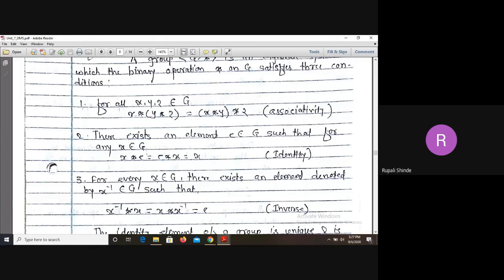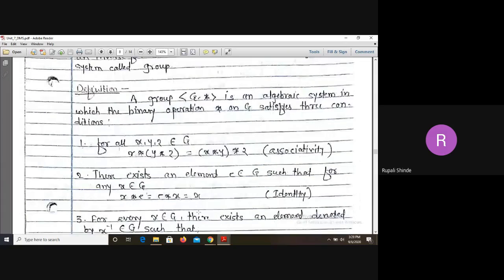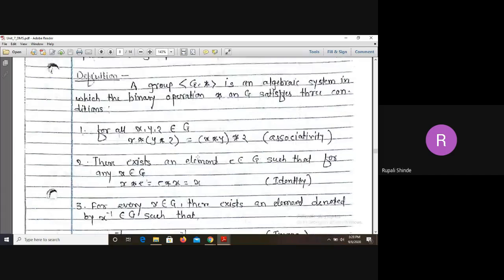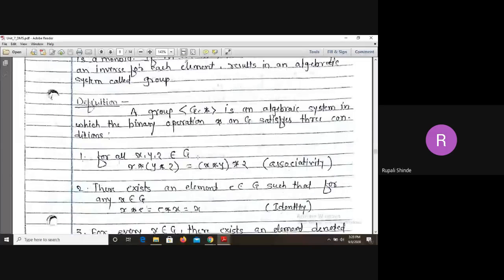For any element x belonging to G, there exists an element denoted by x inverse, belonging to G, such that x inverse star x, or x star x inverse, is equal to E. It means if you perform the star operation on any element x and its inverse, you will get the identity element E. All these four properties must be satisfied by a group. Only then is that algebraic system called a group.